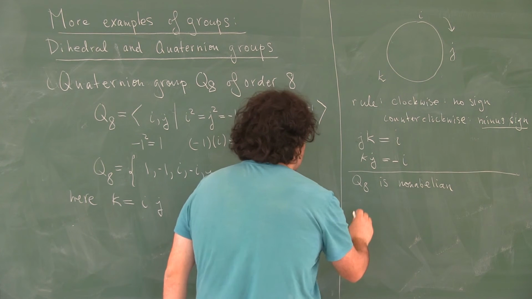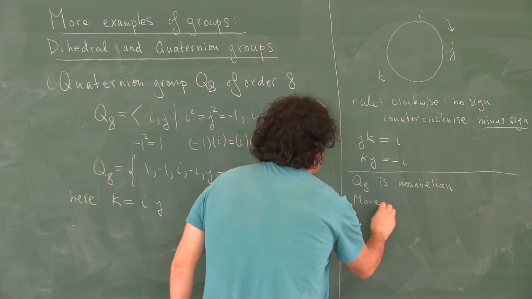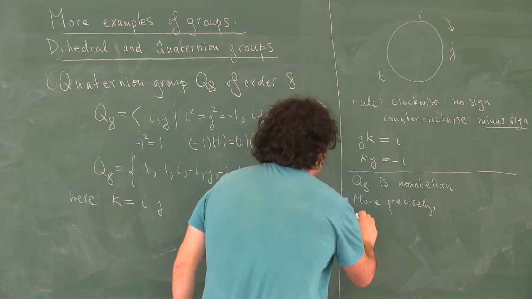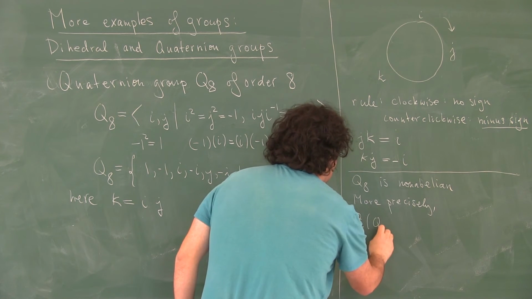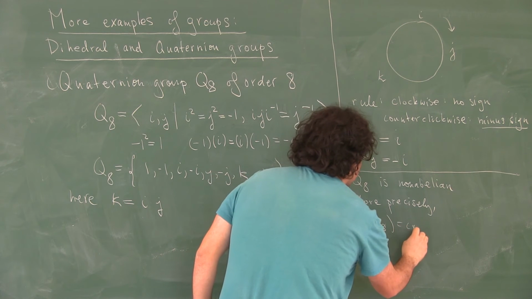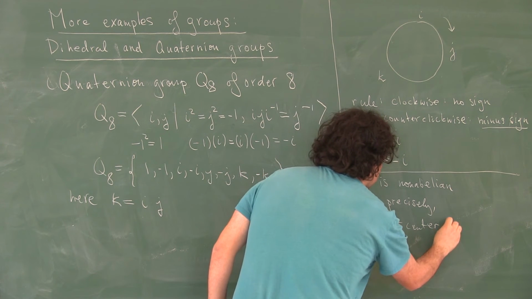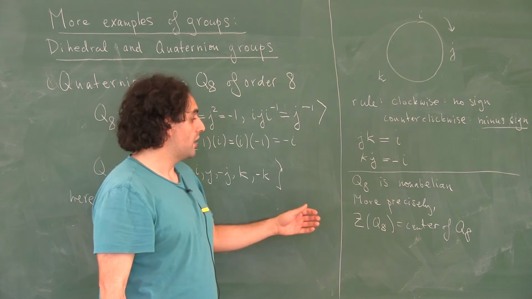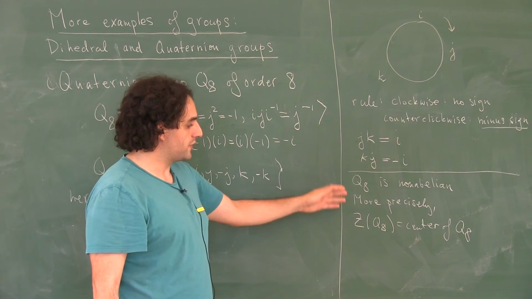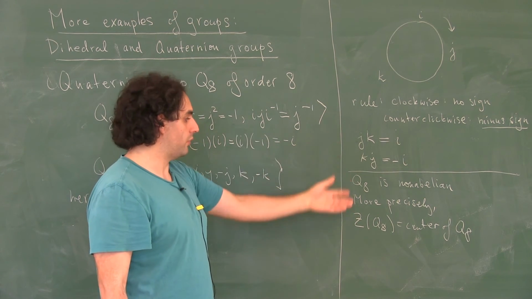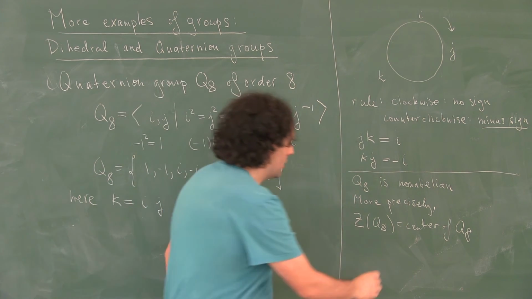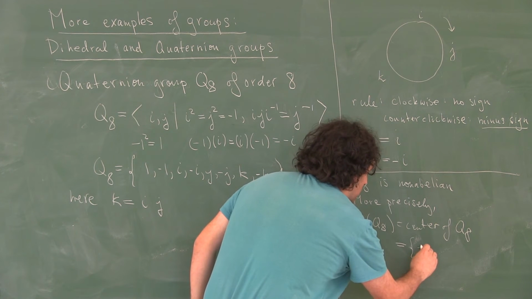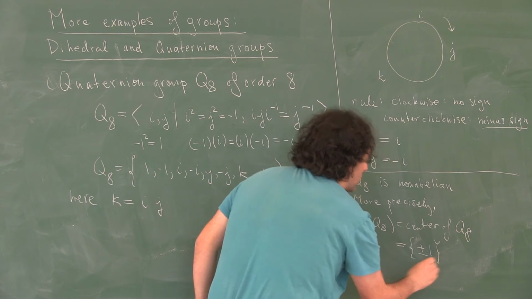And more precisely, the center of Q8, remember the center is those elements of the group that commute with all the elements of the group, you can check is just the set consisting of plus or minus 1.